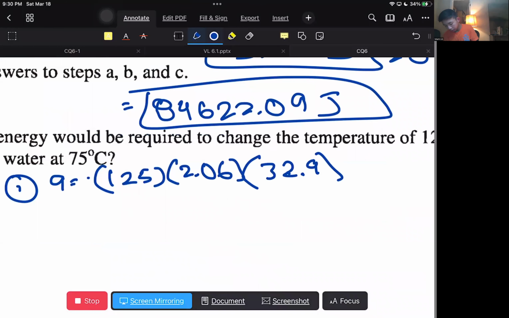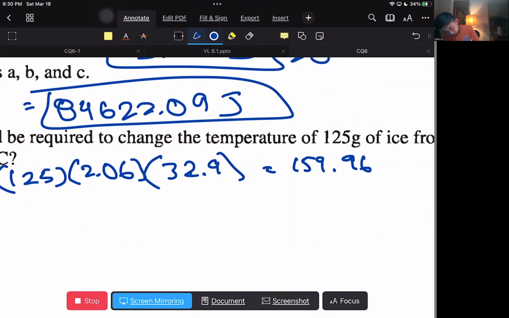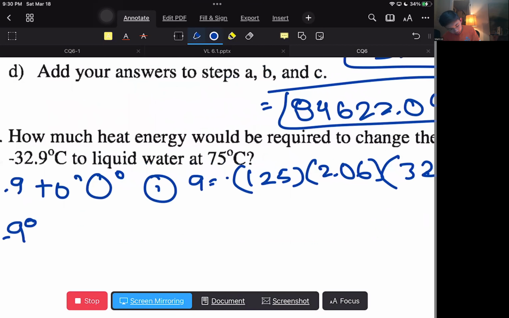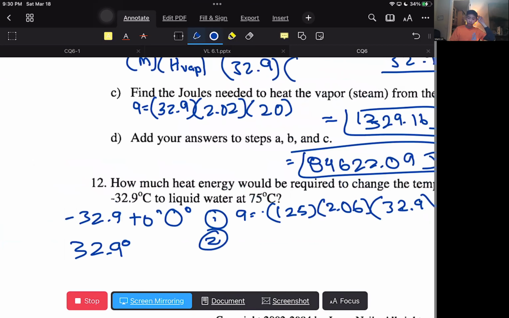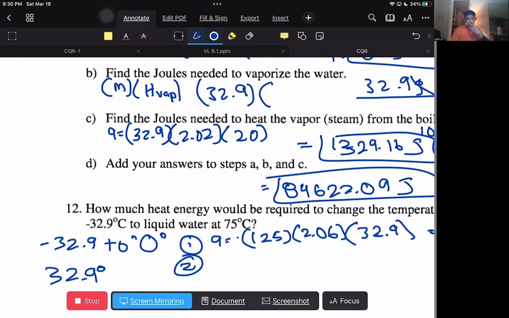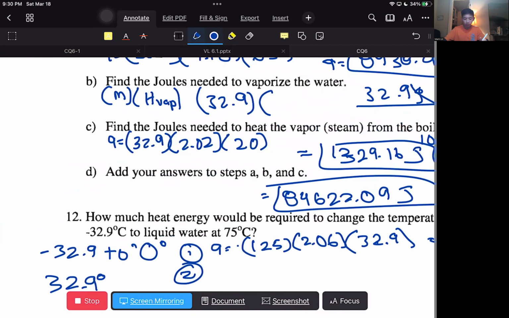So 125 times 2.06 times 32.9 should get 8471. Second is to find the joules needed to melt the ice.